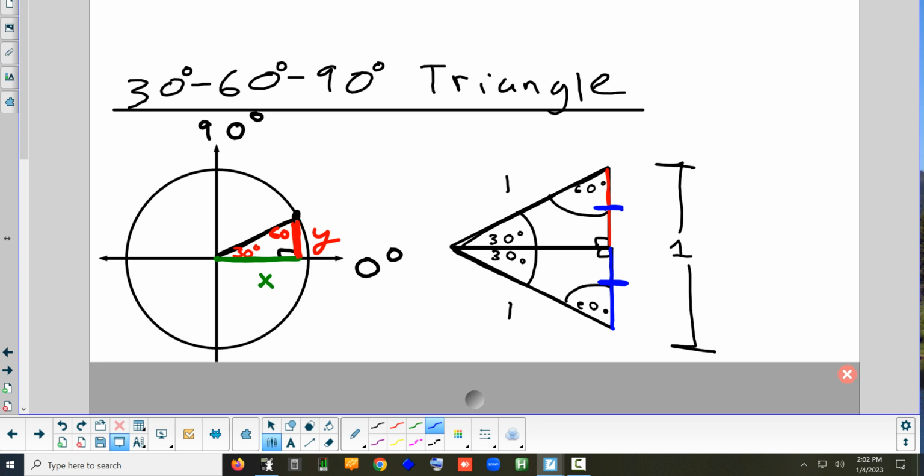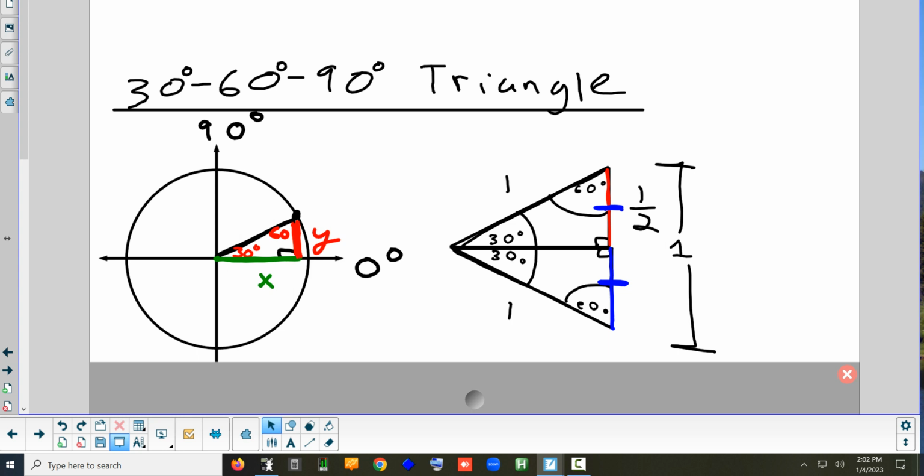We could go with 0.5, because they're equal and they add up to 1. So it has to be 0.5 and 0.5. So that's how you can figure out one of the other sides, just being a little bit clever. There's nothing super fancy like math there. But now we know this side is 1/2.